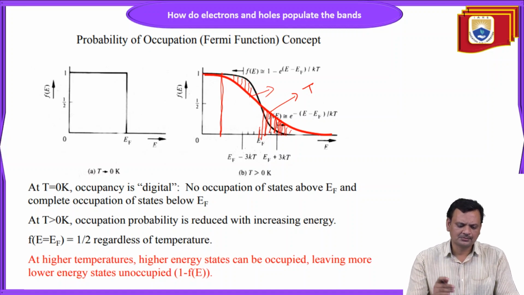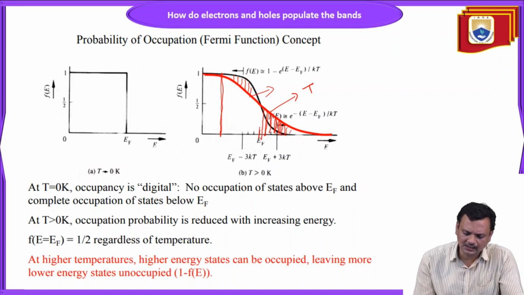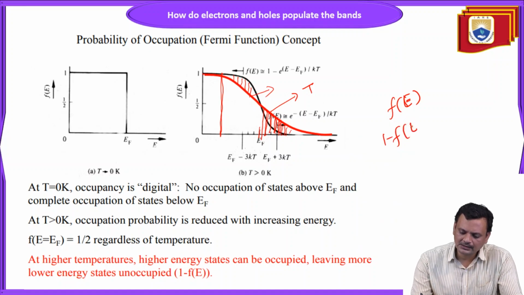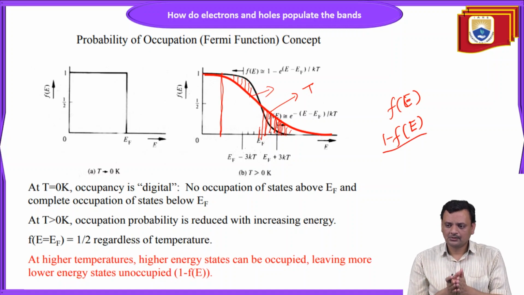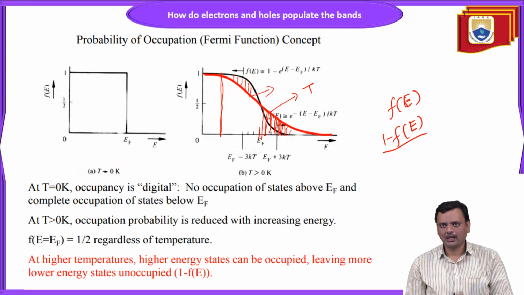So all these things are written here. F(E) is the probability of occupation. So what is 1 minus F(E)? It is the probability of an unoccupied level. So that will also increase.